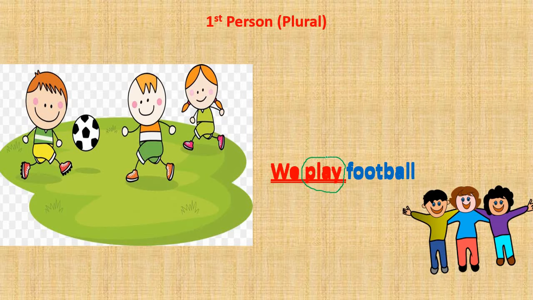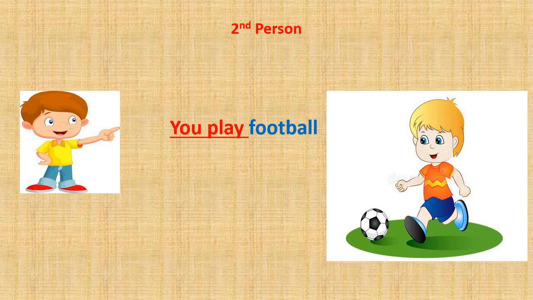Let's go for the next example, that is for second person, and you can see that I didn't write singular or plural, because we all know that in singular and plural you is always the same. Second person singular form is you, and second person plural form is also you. So look at the example: you play football.